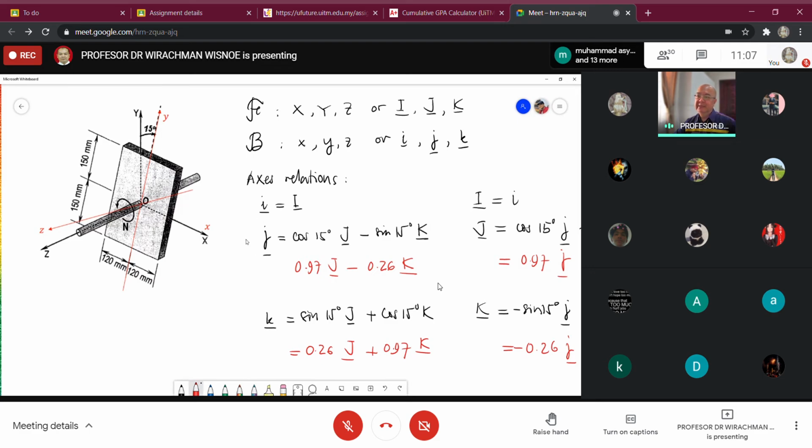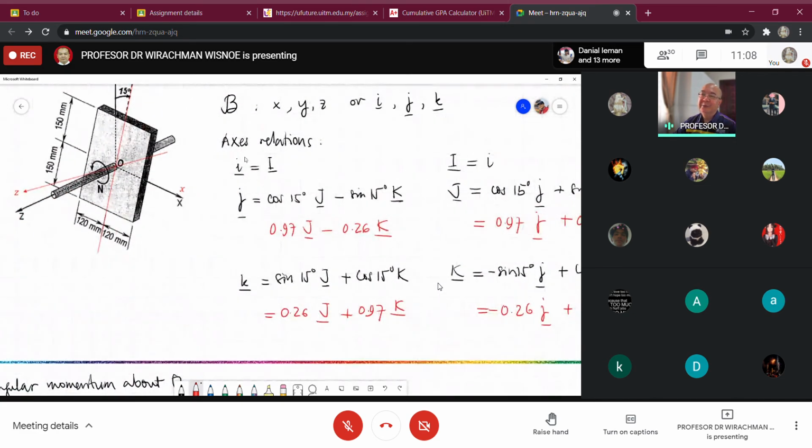See whether you can see this relation from this drawing. The same with K. K in the small z axis will be sine of the capital Y plus cosine of the capital Z. You need to see this one, because this relation is the key.